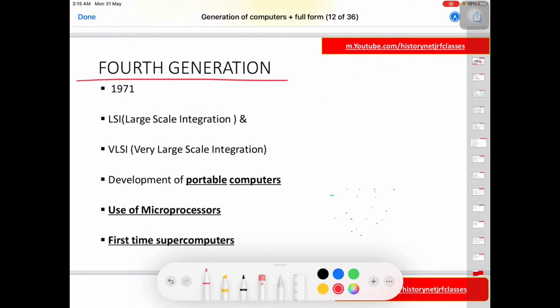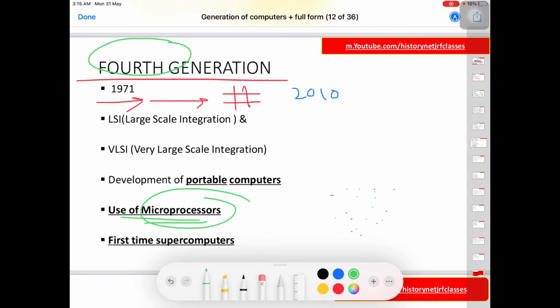Next we have the fourth generation. The time period is from 1971 and it is still in use, which is why we don't have an end timeline, but in most cases it is kept till 2010. Under this generation there is use of the microprocessor, and because of it, it includes large scale integration of capacitors, resistors and other required things. It seems something like this, very micro.